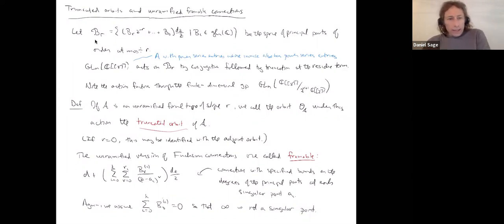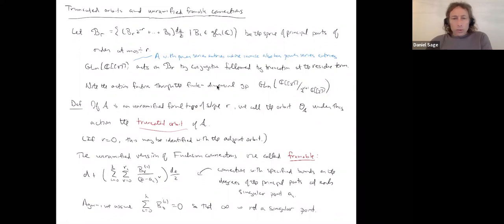Okay, so let's let this script B_R be the space of principal parts of order at most R. I suppose it depends how you define the order. Remember, I always factor out a z. So this means that you have z to the minus R plus 1 as the start.